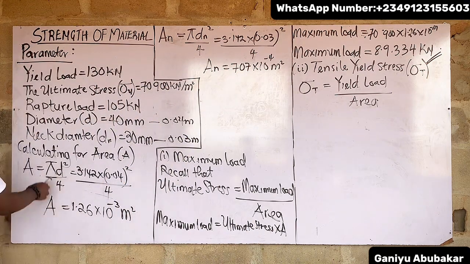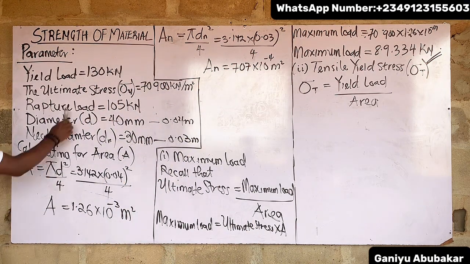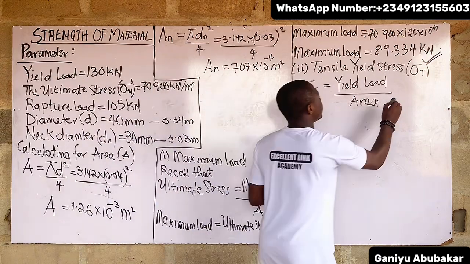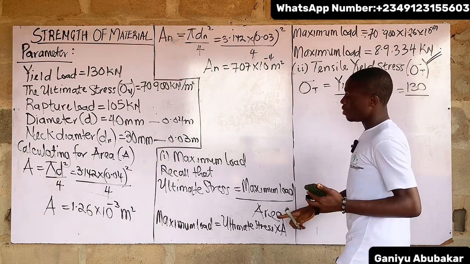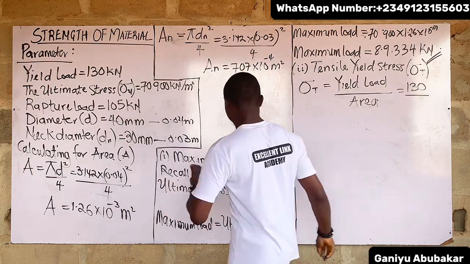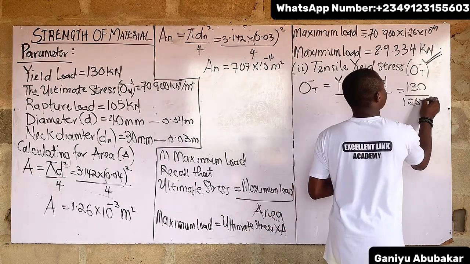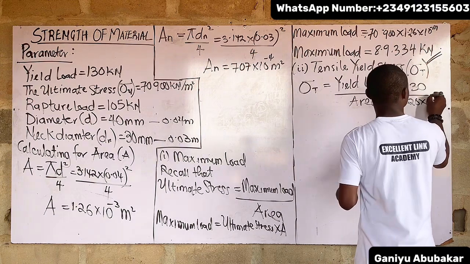What's my yield load? Yield load is of course given. That's 130. So I have 130 over what's the area? Normal area, please. That's 1.26 times 10 to the power minus 3.